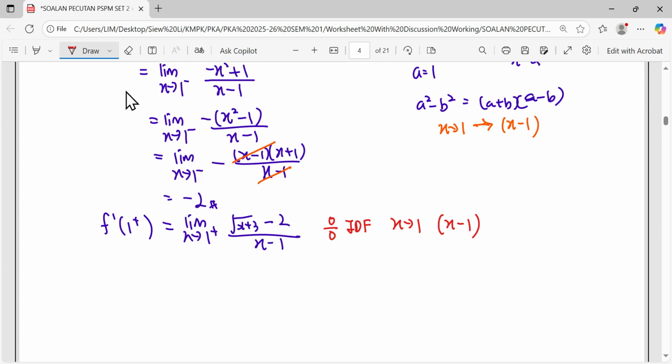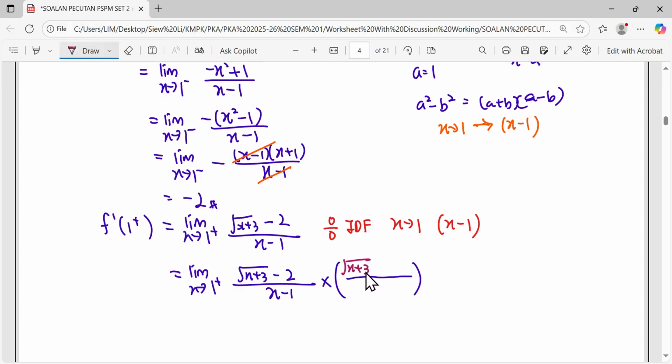So how do we simplify this function here? When we have a surd function, we can try the conjugate. So square root of x plus 3 minus 2 over x minus 1, we multiply with its conjugate, which will be square root of x plus 3 plus 2.